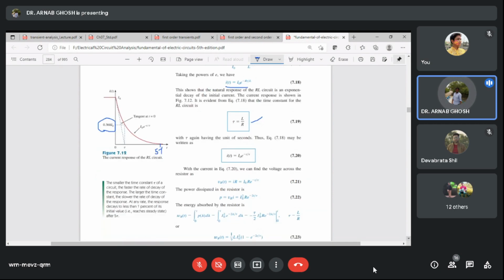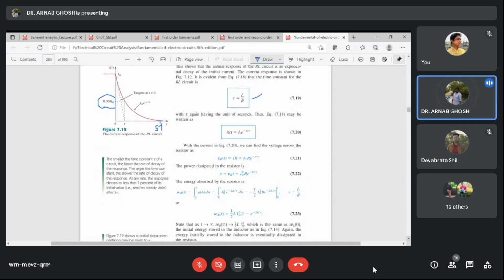So this is how we calculate the expressions for the discharging current with respect to time. If you are asked to find the voltage across the resistor with respect to time, this will be I into R, and I is dependent upon t.